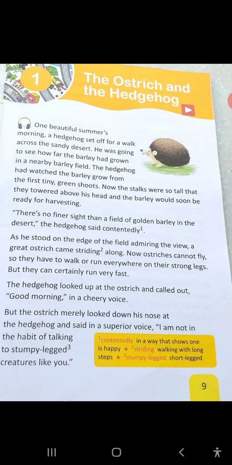So, hedgehog, as you can see in the picture, they have a very small round body, okay, and they have a cone shaped face. Their body is covered with sharp spines all over.